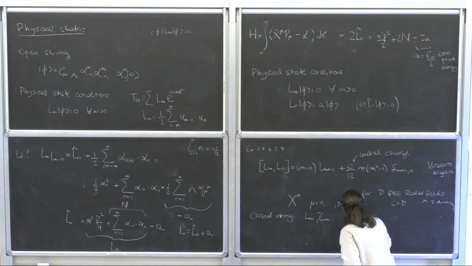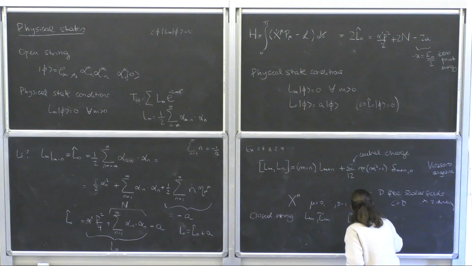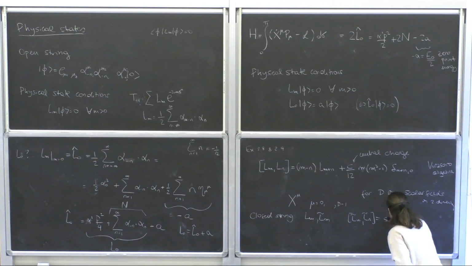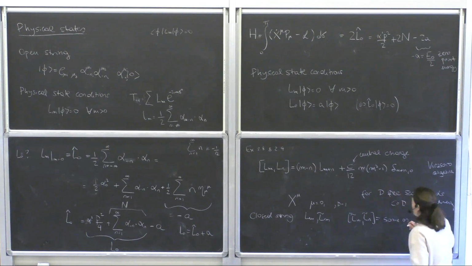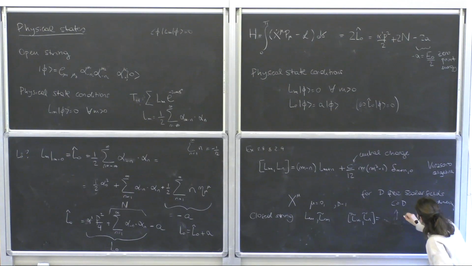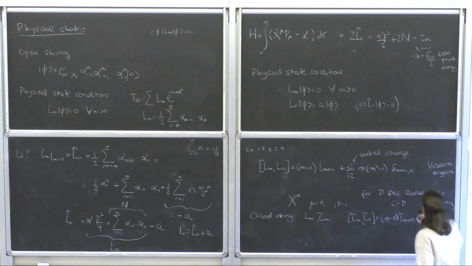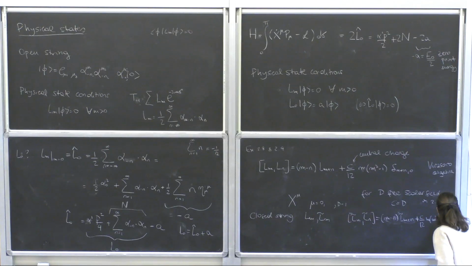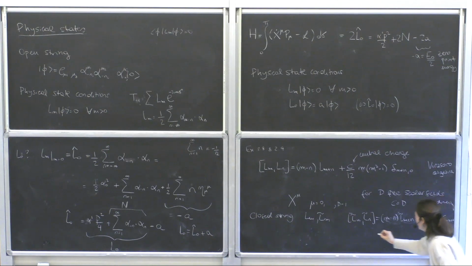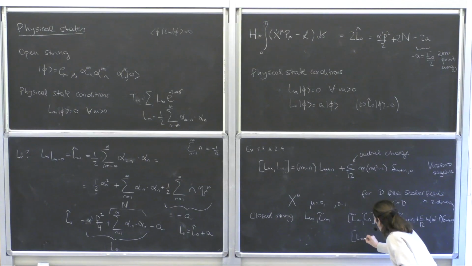L tilde m minus n, L tilde m plus n, plus exactly the same, so c over 12, m times m squared minus 1, delta m plus n, 0. And because the alphas and the alpha tildes commute, Lm with L tilde n is equal to 0. L and L tilde commute, okay?